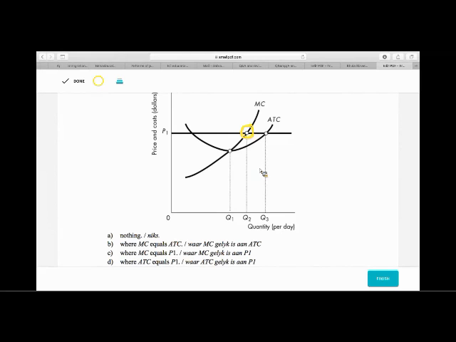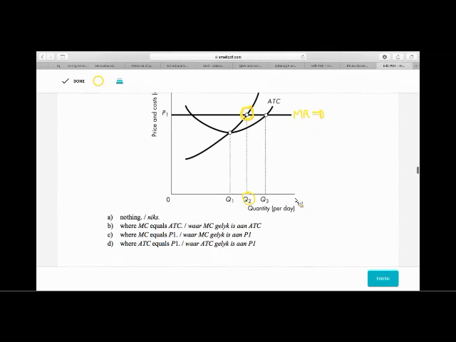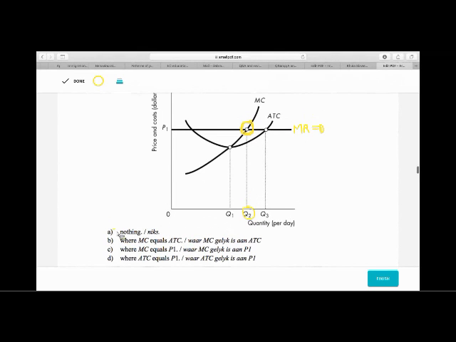Produce where MR, and remember in perfect competition, wherever the market price is, that's the firm's MR and the firm's demand curve. So the firm is going to produce Q2. Okay, so definitely A is wrong. It's not the case that the firm is going to produce nothing.